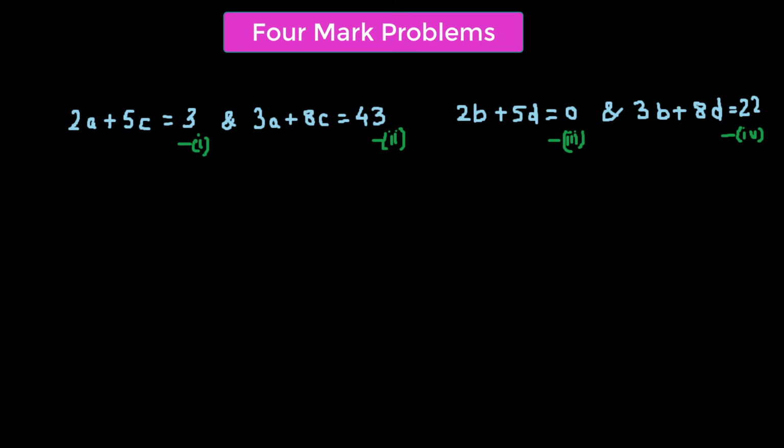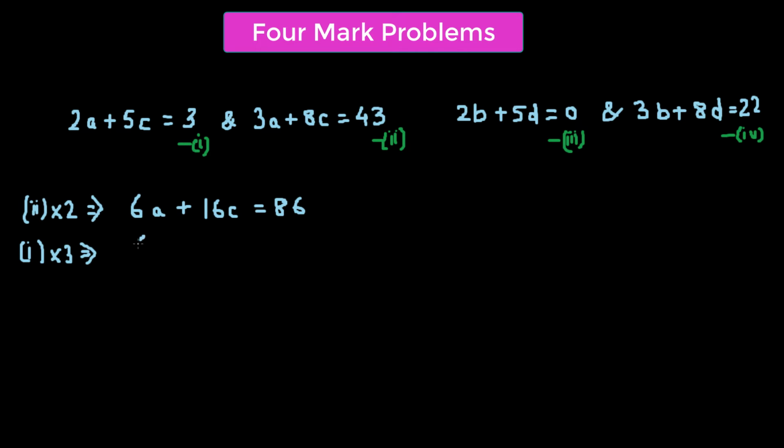What I'm going to do here is consider equation number 2 and multiply throughout by 2. That should give us 6a plus 16c equals 86. And then we take equation number 1 and multiply throughout by 3.